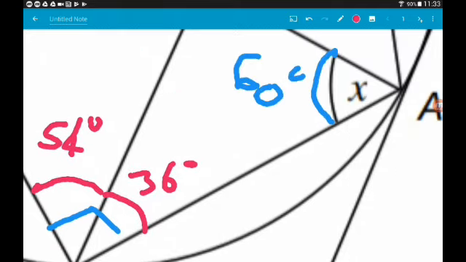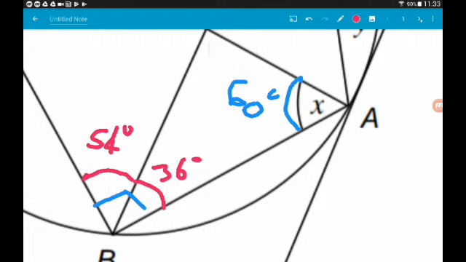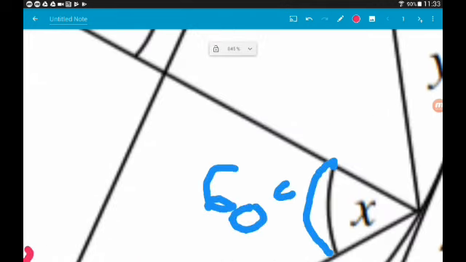So here then, in the bottom right, we are now in a triangle again, where we know two angles of 36 and 60 degrees. 36 add 60 is 96. So this angle here is 180, take 96, which is 84.